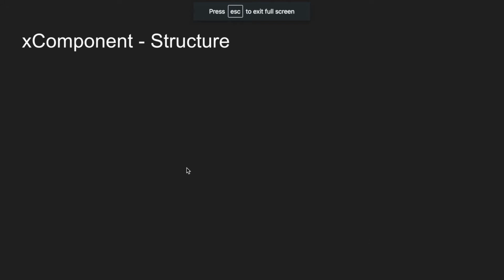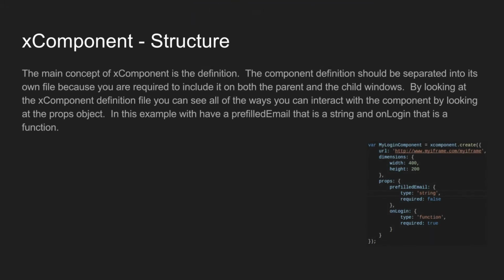All right. So xComponent structure, how are these components structured? We kind of went over it in the documentation there. We're going to go over it one more time real quickly. So the main concept of the xComponent is the definition file. The component definition should be separated into its own file because you are required to include it on both the parent and the child windows.